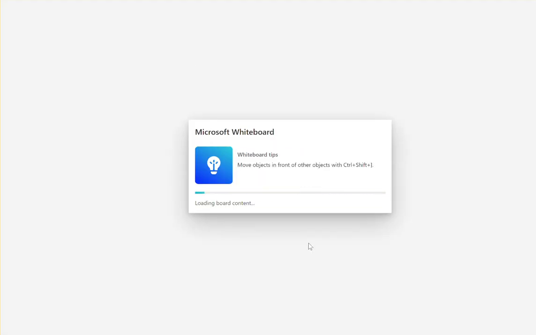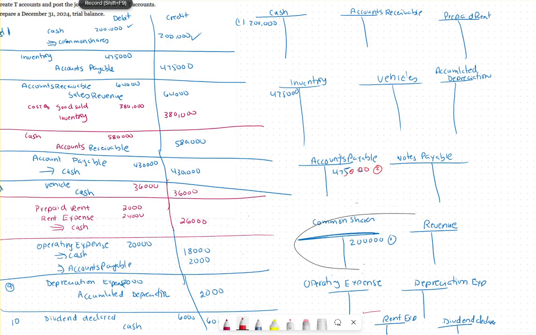So again, if you are doing it, you continue posting it while my screen is coming back. So my pen is back, 47,500. So that's how I posted it to the accounts payable. Then we go to accounts receivable. That's your 64,000.